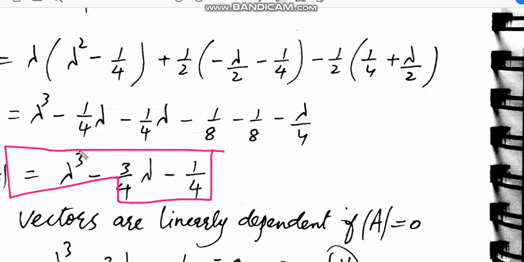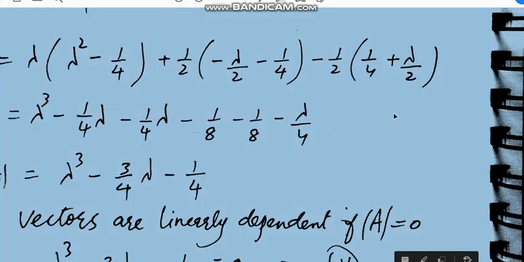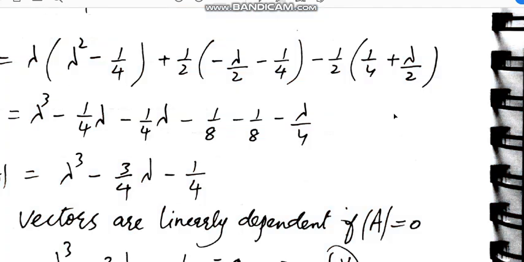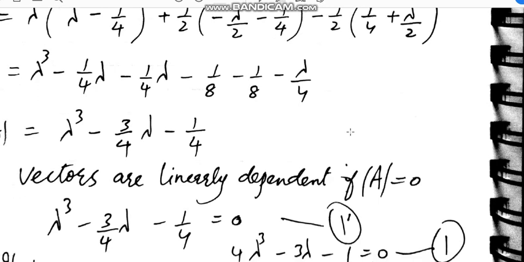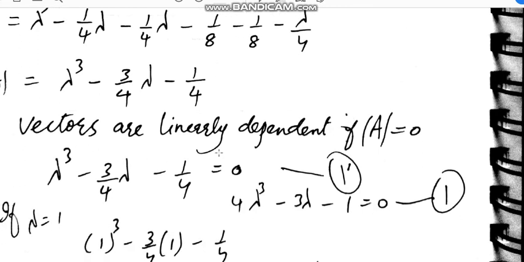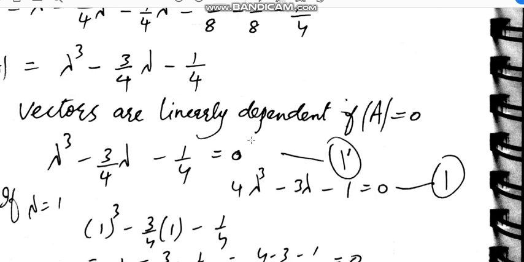Now this is a cubic equation. While solving a cubic equation, if factors are not possible for that cubic equation, then we take the help of synthetic division to reduce the equation and find the factors of the reduced equation. We know that we have to find values of lambda when the vectors are linearly dependent.